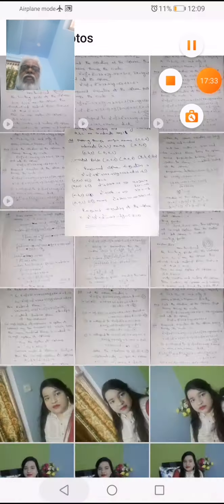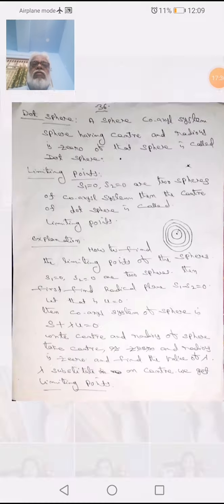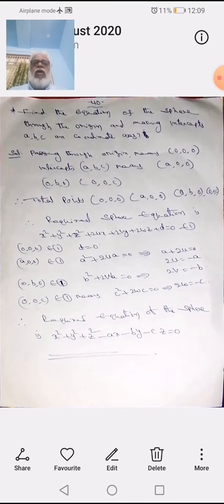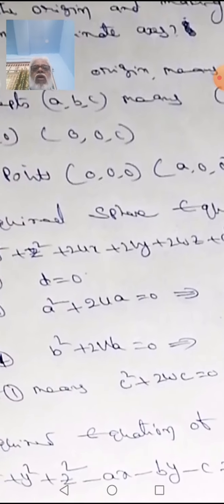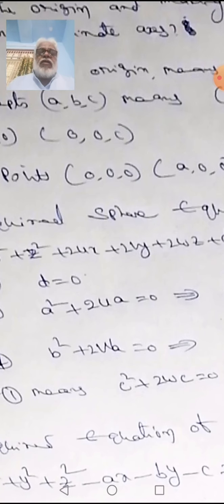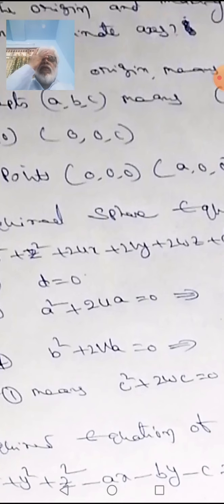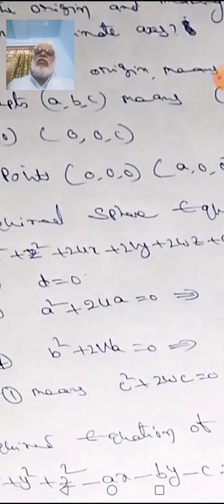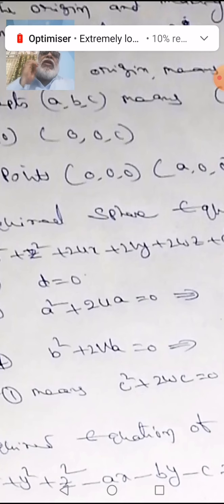If you thoroughly study the chapter spheres, you can easily pass the sixth paper of the mathematics. Why we start with sphere: it touches the intermediate level.